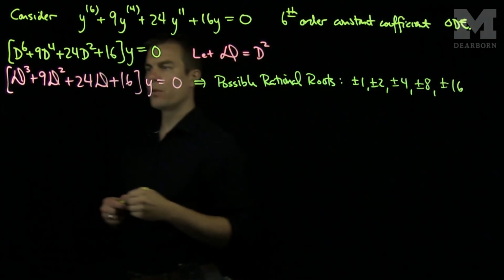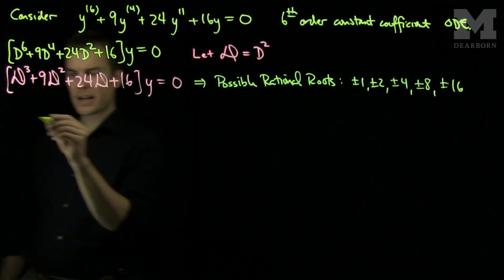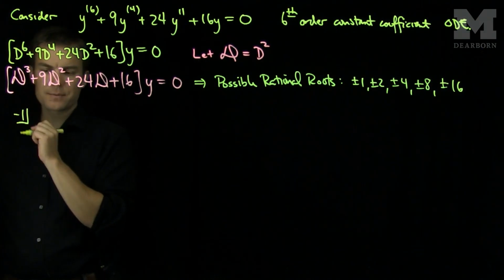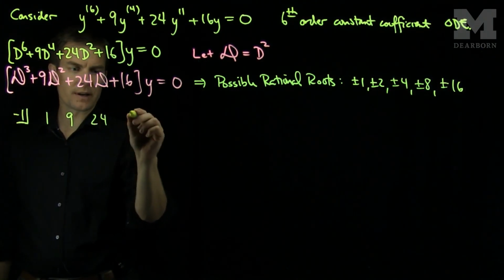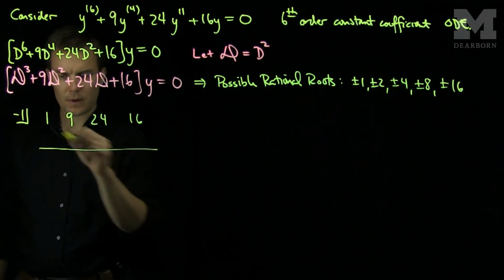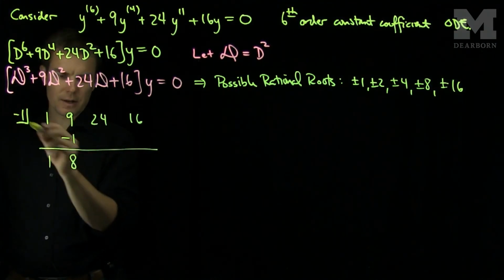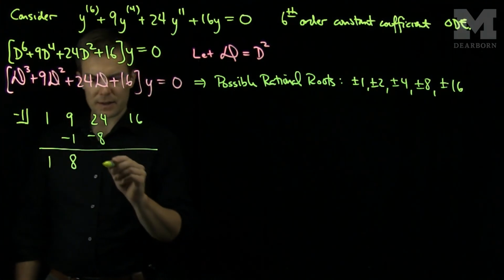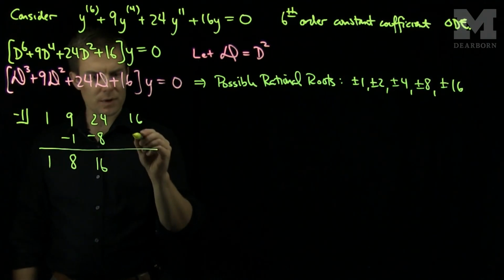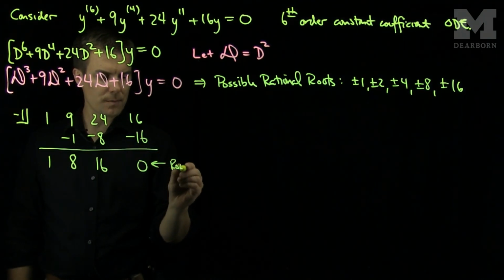Since there are only positive terms, I can only look at the negative roots. Let's test negative 1 first. We have 1, 9, 24, and 16. Bring the 1 down. Negative 1 times 1 gives negative 1, and 9 minus 1 is 8. Negative 1 times 8 is negative 8. 24 minus 8 is 16. Negative 1 times 16 is negative 16, and so we get a 0. So this is a root.